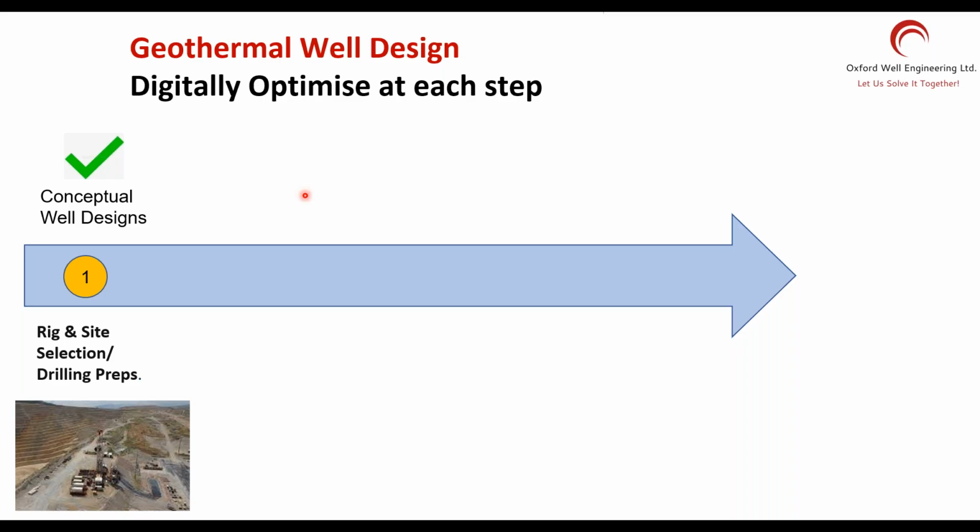I don't have to kick off there. The dog legs, the kinks and bends of the well depend upon where you are drilling from. If your targets are fixed, in our geothermal case, sometimes you have very fixed targets, but your surface location may have some options. If you change the surface location, you change the goalpost, you change the shape of your well, and also the preparation of the site selection.